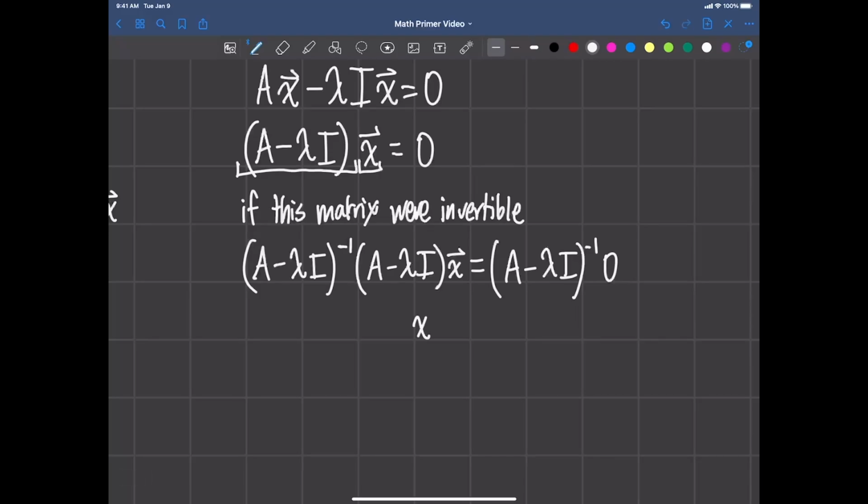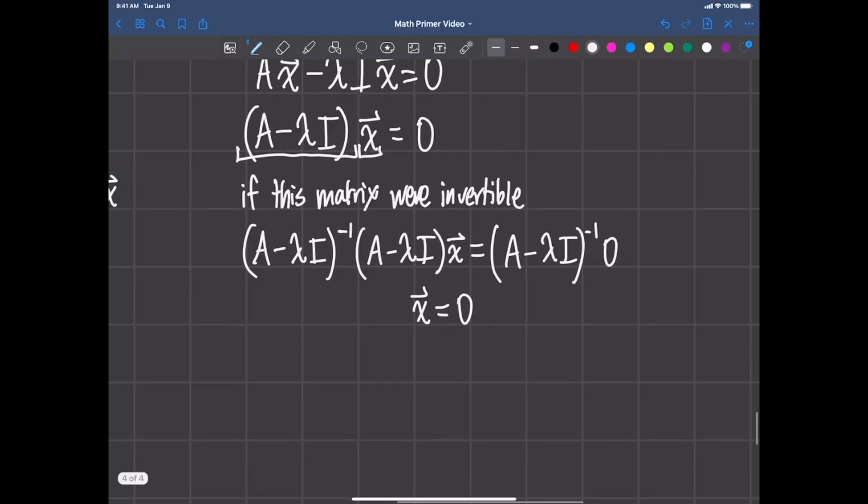So this would become x equals 0. If this matrix were invertible, it would mean that the eigenvector x could be equal to 0. Therefore, this matrix can't be invertible because the eigenvector must be non-trivial, which means it cannot be the 0 vector. Therefore, this matrix can't be invertible, which means the determinant has to be 0. When a matrix is not invertible, the determinant has to be 0.